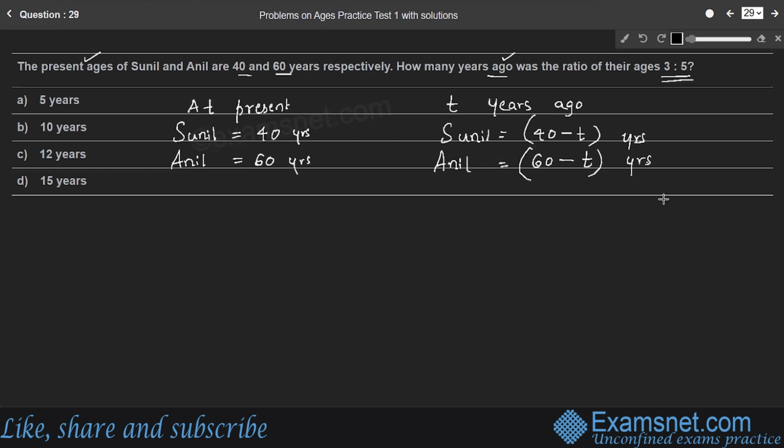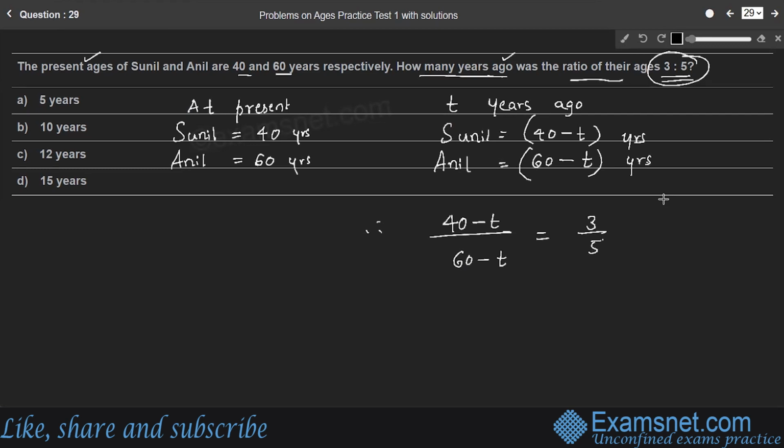So before T years, their respective ages, and the ratio of their ages was 3 is to 5. We'll consider the ratio of their ages, 40 minus T divided by 60 minus T, equal to 3 by 5.